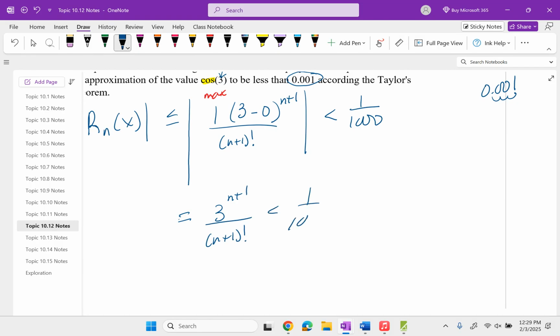Less than 1 over 1,000. Okay, I am going to basically cross multiply. I'm taking the 1,000 and multiplying it on the left and taking the n plus 1 factorial and multiplying on the right. So I get something like this. 1,000 times 3 to the n plus 1 less than n plus 1 factorial.